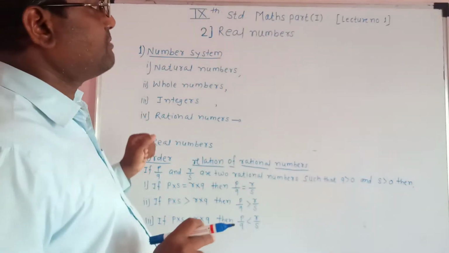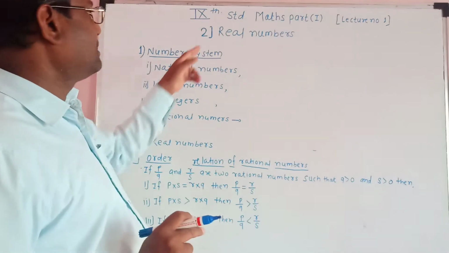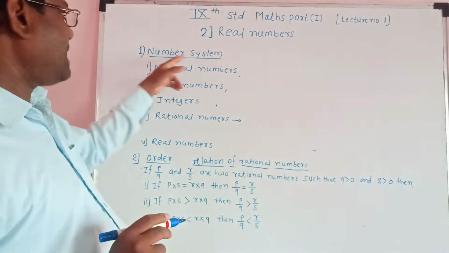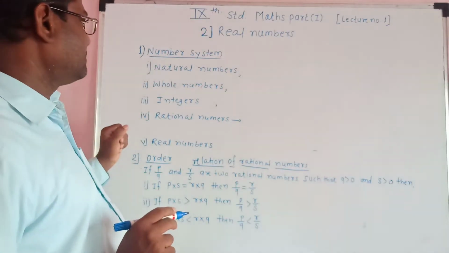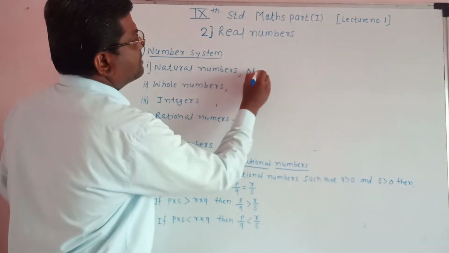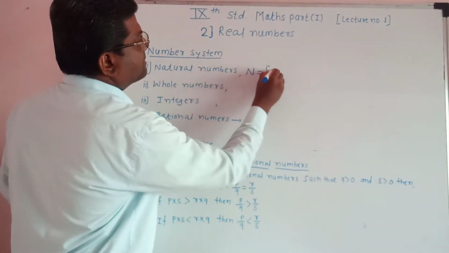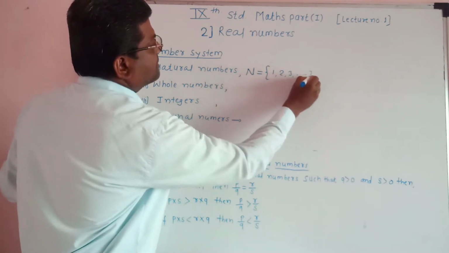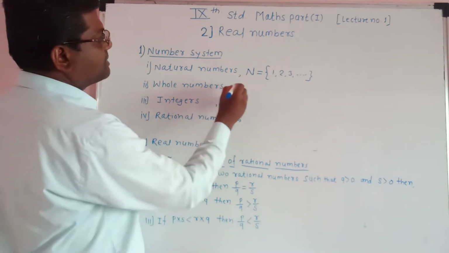Ninth Standard Maths Part First, Lesson number 2: Real Numbers. Now the number system. Natural numbers. The natural number set is denoted by capital N and it is given by 1, 2, 3, and so on. Whole number set.